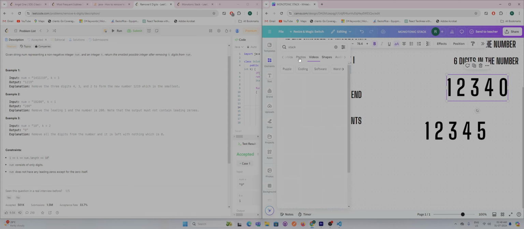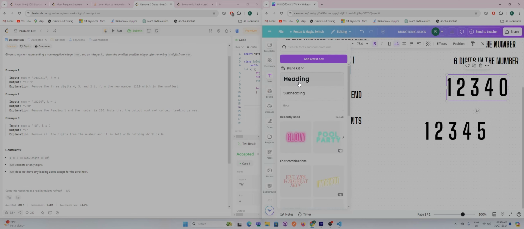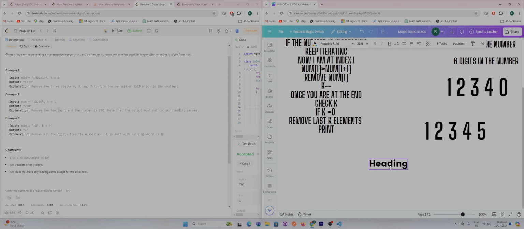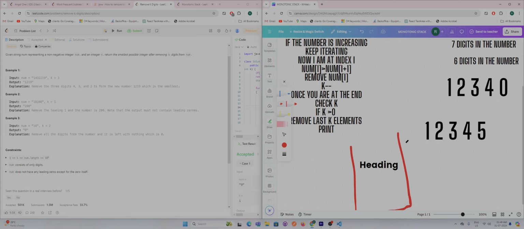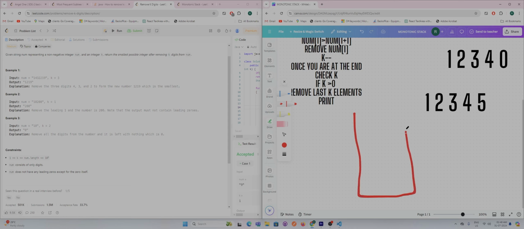So I initialize a stack, and I'm just going to draw it like this, so that you guys can follow. So this is a stack that I'm initializing.